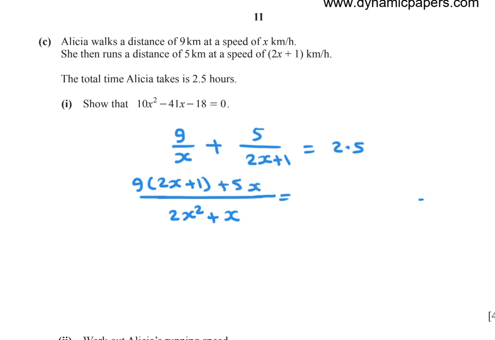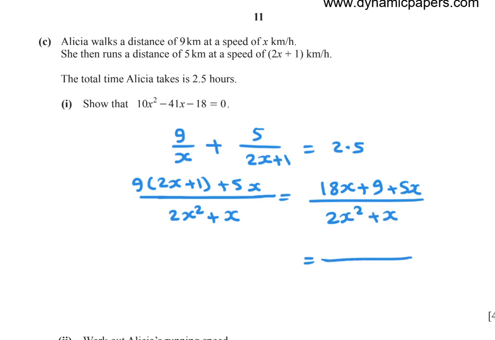We can simplify the numerator. 9 times 2x and 9 times 1. So 18x plus 9 plus 5x over 2x squared plus x. We can simplify more. 18x plus 5x equals 23x, plus 9, over 2x squared plus x.